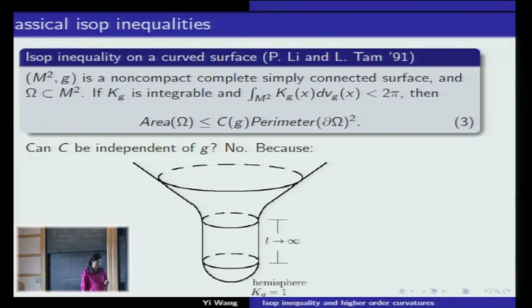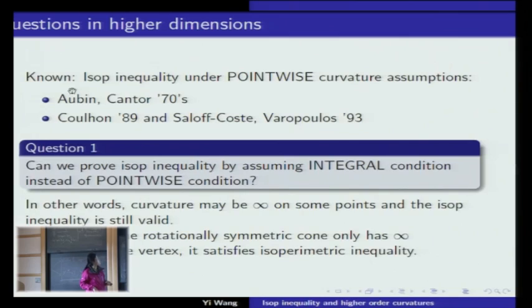So the question that I'm interested in is, what happens in higher dimension? What can one say in higher dimension about this type of isoperimetric phenomena? It is known that the isoperimetric inequality under pointwise curvature assumptions in higher dimension is what people usually study for higher dimensional manifolds.